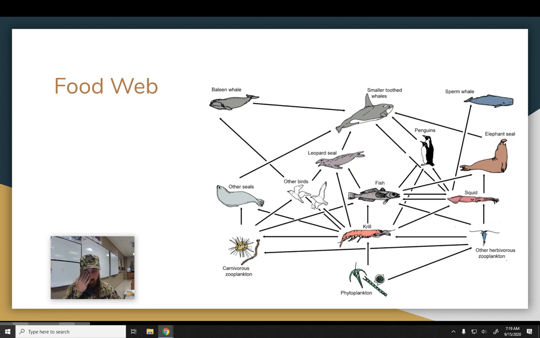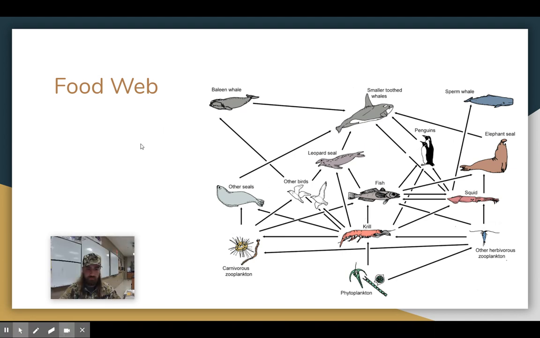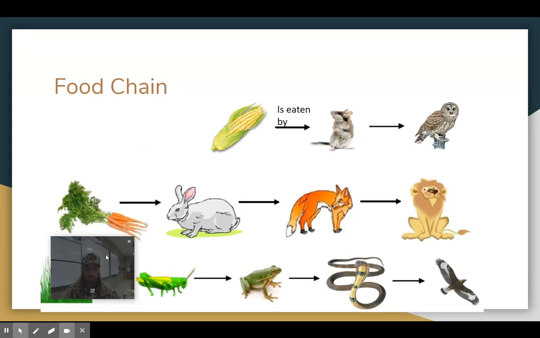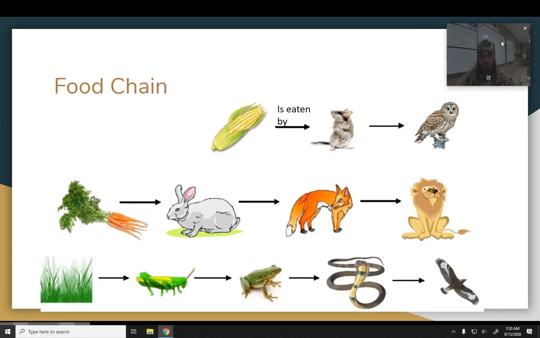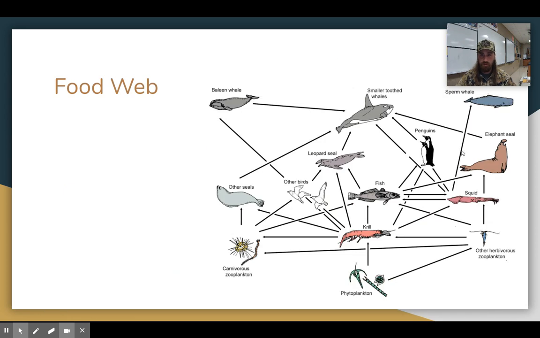Now, what this does show you that a food chain cannot show you is the complexity of an ecosystem. In this case, guys, a food chain is showing a one-way street, and we know now in life that things just don't go one way or the other. We need to understand that they can go multiple ways. The krill is a food source to a lot of animals.